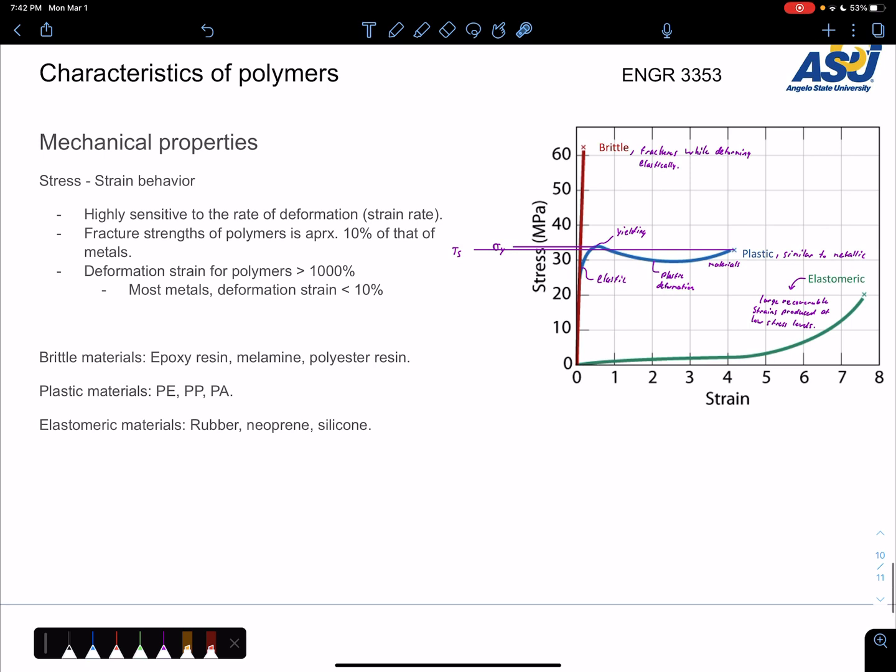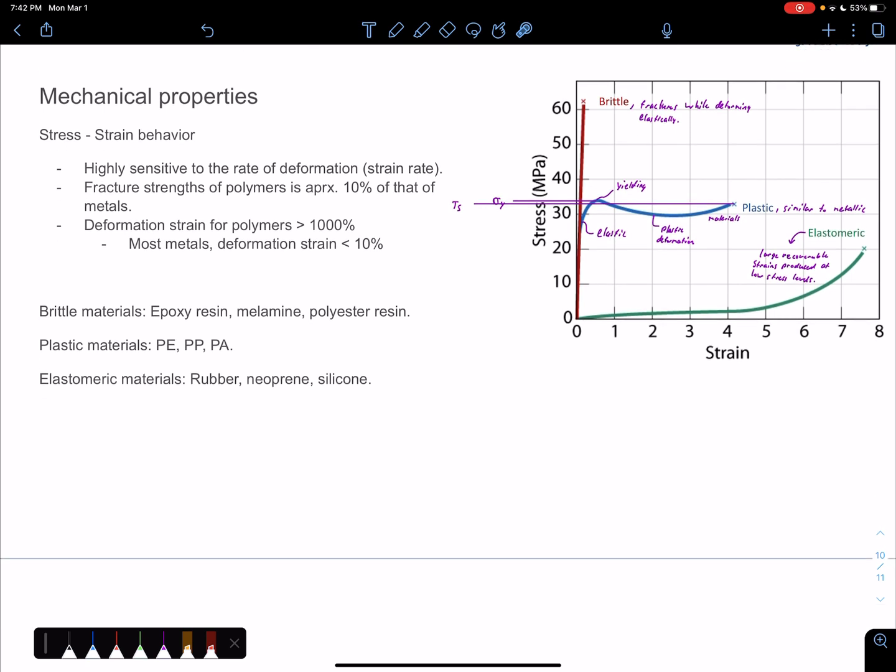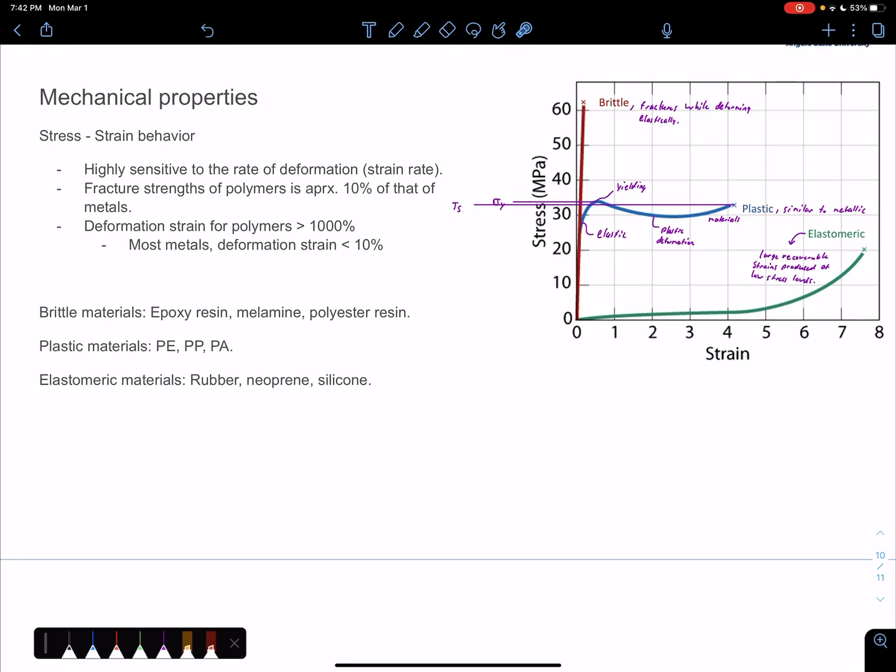Some plastic materials that tend to have a stress strain graph that looks similar to that of a metal, something we're more used to, are PE, PP, and PA. And elastomeric materials are things like rubber and neoprene and silicone. Those are the ones that have a large recoverable strain region.